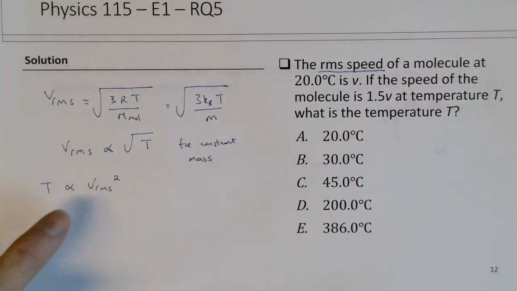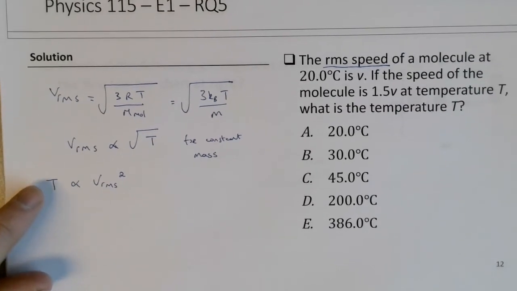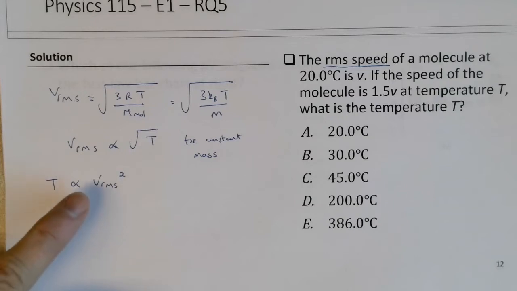So if the RMS speed were to double, the absolute temperature would have had to have increased by a factor of 4. If the RMS speed increased by a factor of 3, then the absolute temperature would have had to have increased by a factor of 9. So this is the relationship you have to consider between changes in RMS speed and temperature.